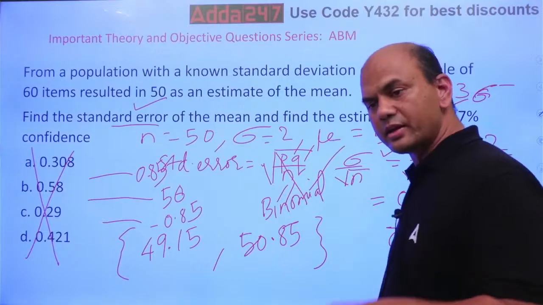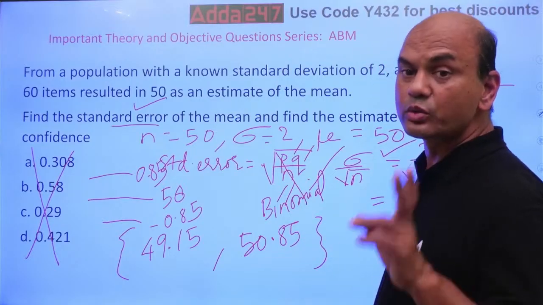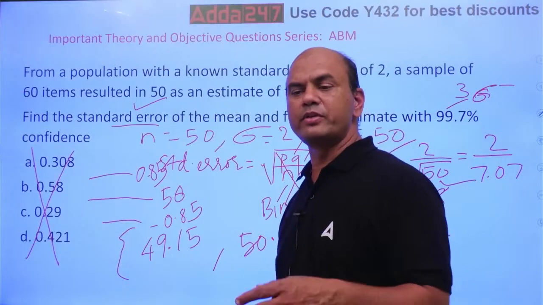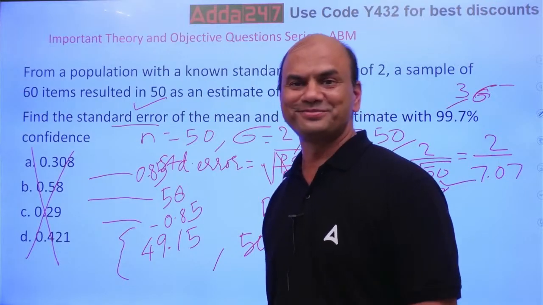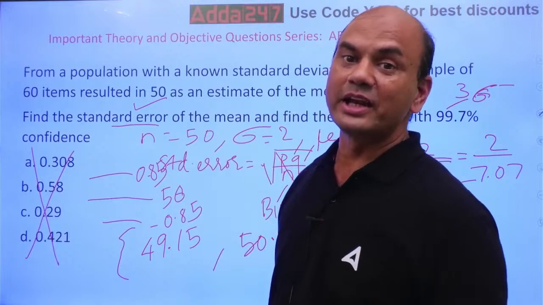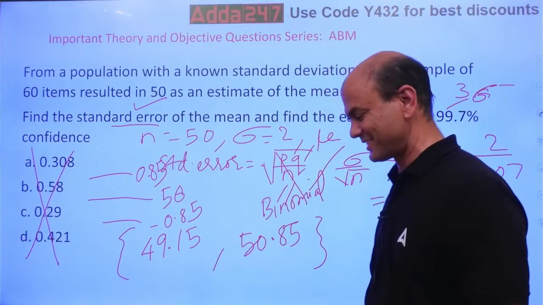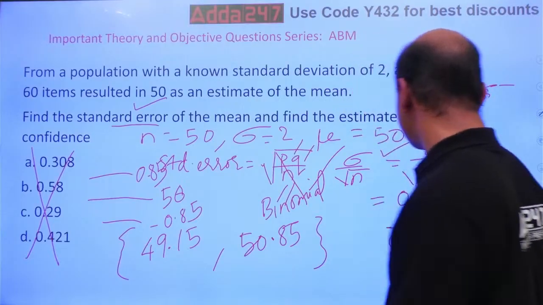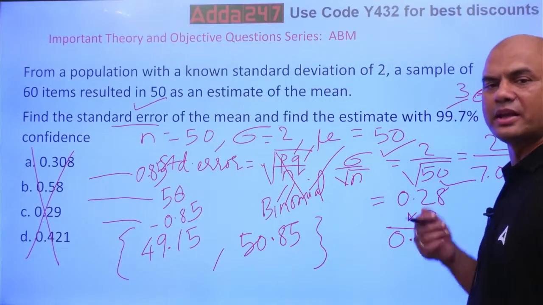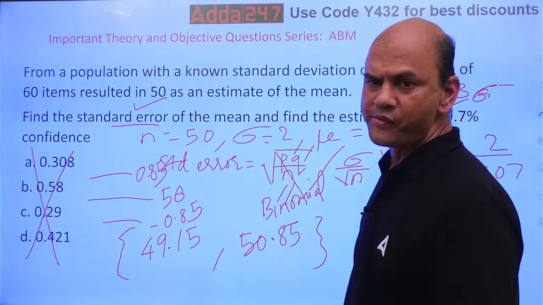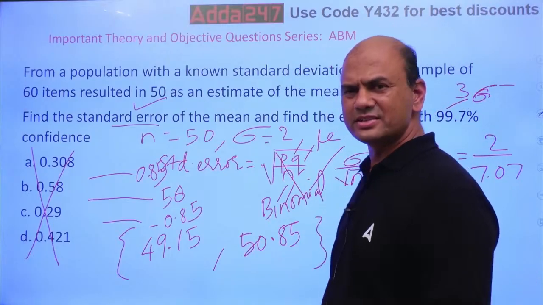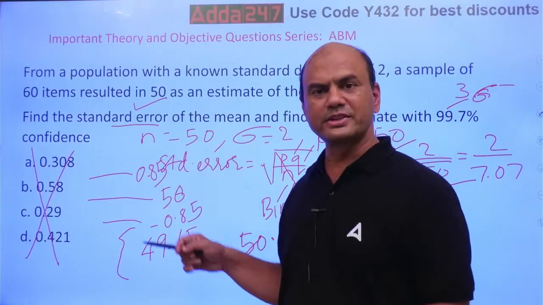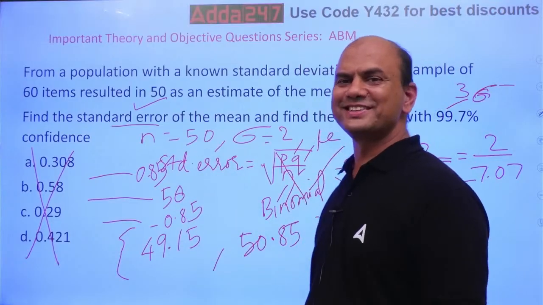Now you try it, I won't give the answer now, with 2 standard errors. Means 95.5. You try with 95.5. 0.28 into 3 into 2. 56.56. So 50 plus 0.56, 50 minus 0.56.